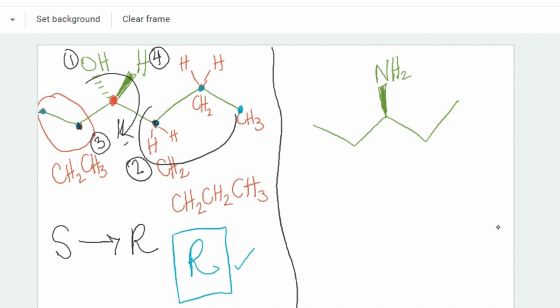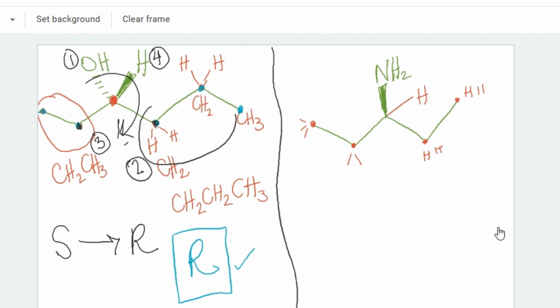A great tip is this question, right? This is definitely not a chiral center because it has three hydrogens attached to this carbon. This is also not chiral because it has two hydrogens that are imaginarily attached. They're not in the structure, we can't see them, but they're in the molecule. Then you have two hydrogens, of course, and then three hydrogens in this case, and then this one has hydrogens.